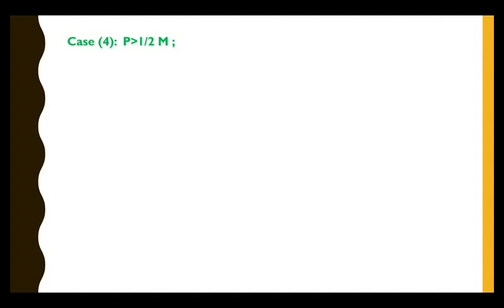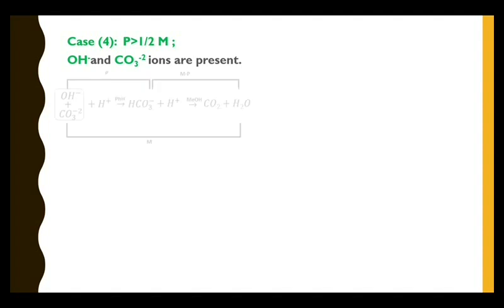Carbonate is already present, so out of the three, what are the two ions left over? OH minus and HCO3 minus. HCO3 minus is not identified by phenolphthalein. There is only one possibility: besides carbonate, OH minus is present when P is greater than half M. So when P is greater than half M, OH minus and CO3 minus 2 ions are present.